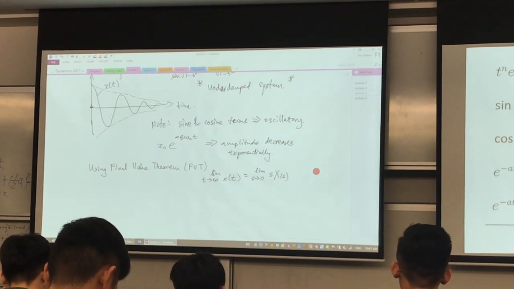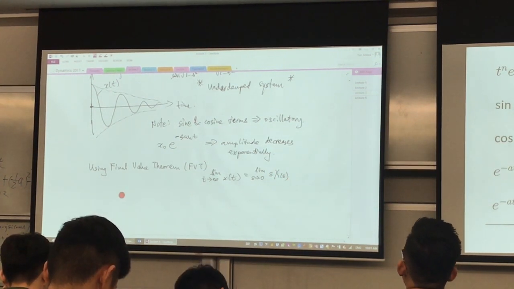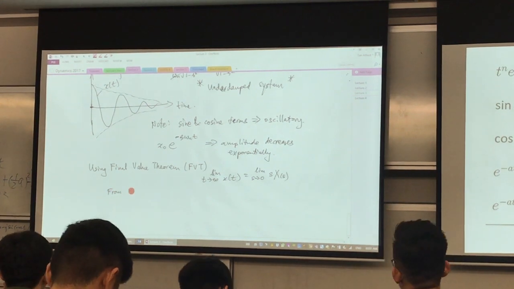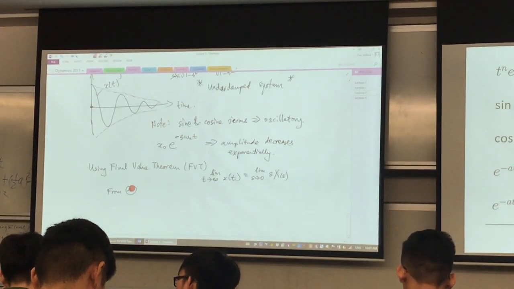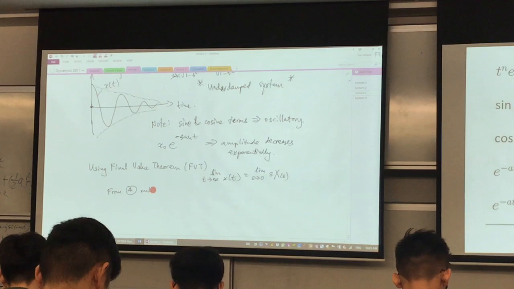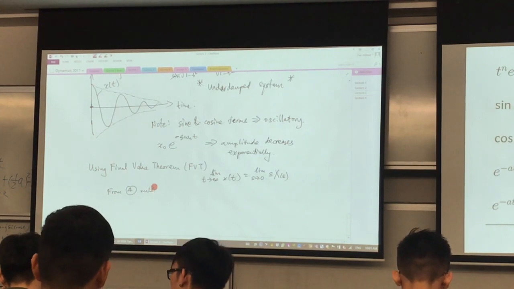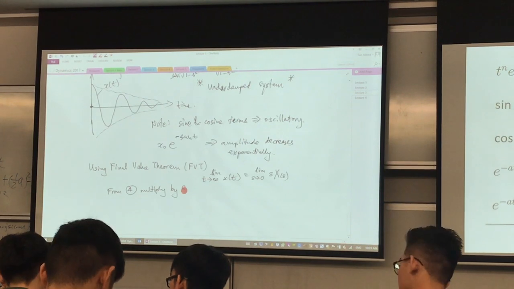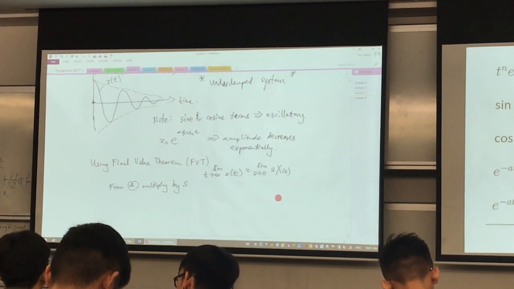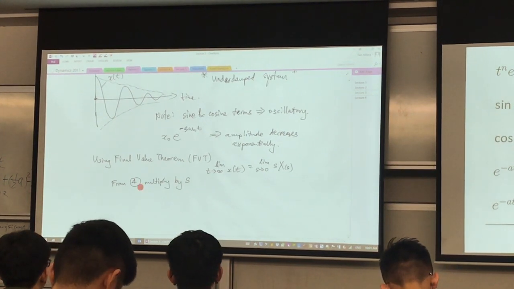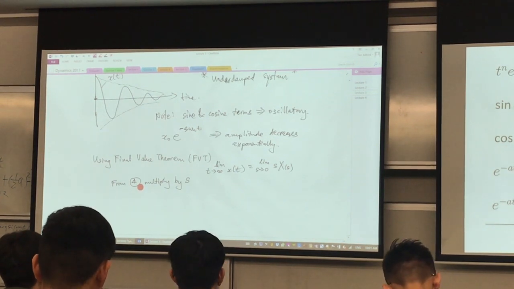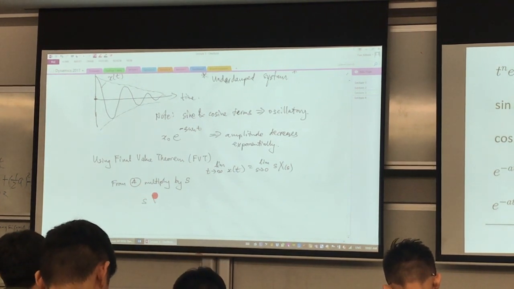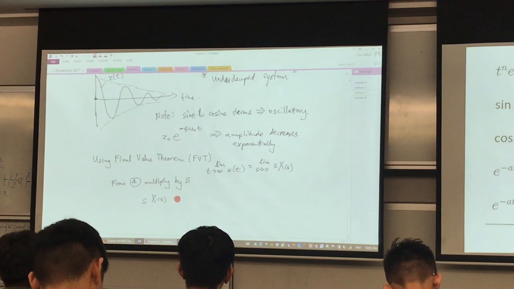That's more important. What I want is to use equation 4. So if you look at equation 4, and then multiply by s, small letter s. Take equation 4 multiplied by s. So I want to get s x(s).